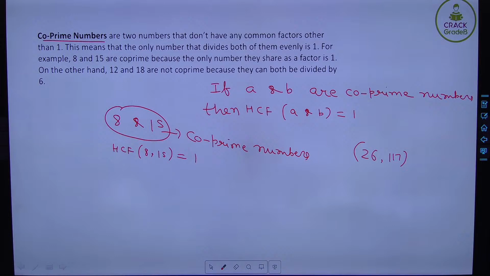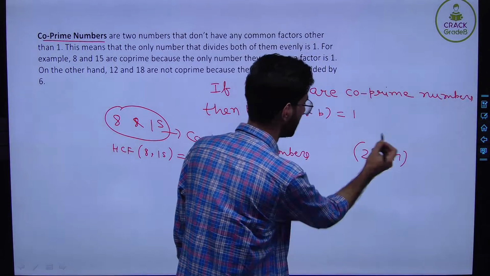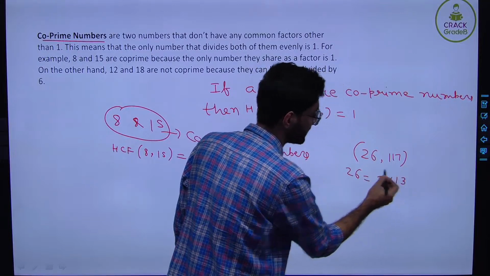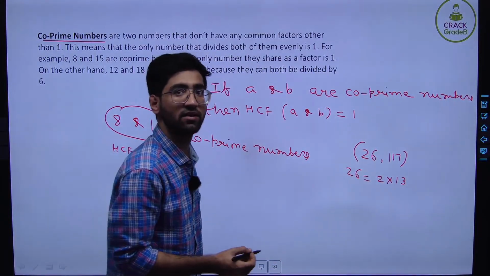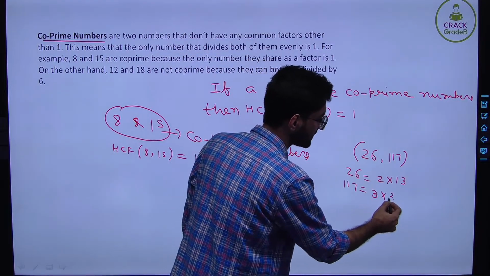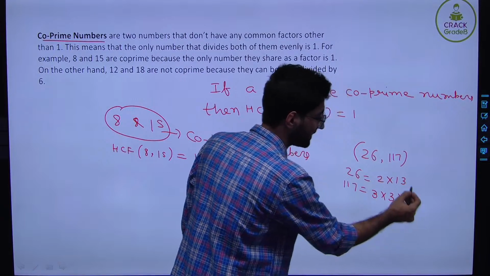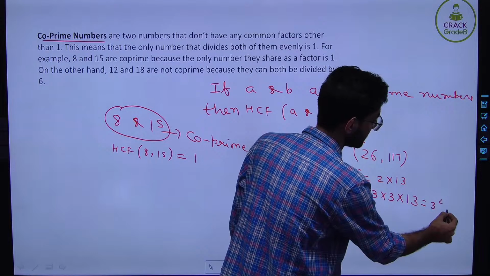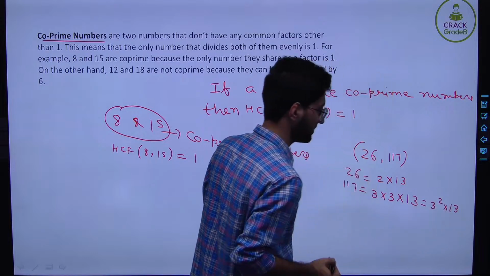If you try to find out the HCF of 26 and 117, can you write 26 as 2 into 13, right? Or can you write 117 as 3 into 13? So basically 117 is equal to 3 square into 13, right?